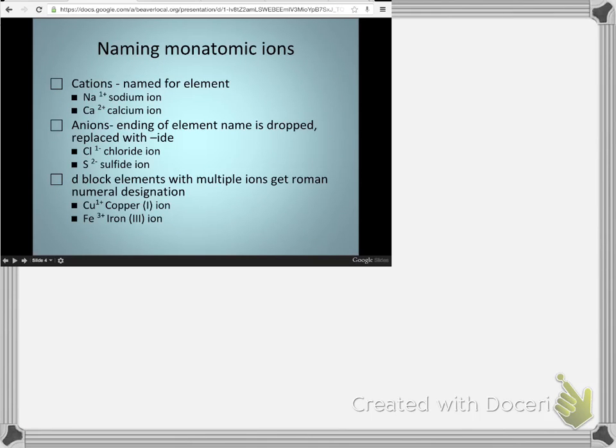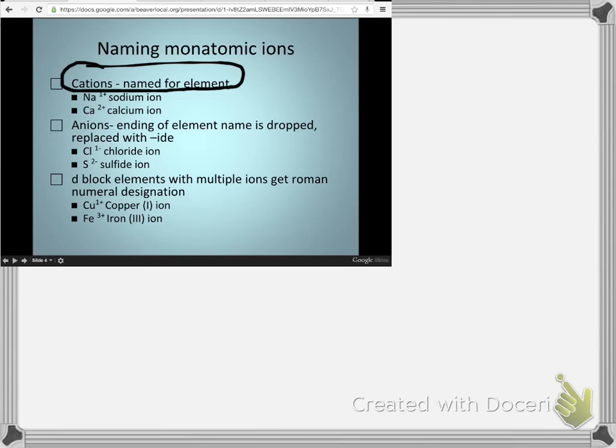Okay, so now we want to name these things, and we're going to practice some naming. Well, with cations, and cations are positive, those are just named for the element. If it forms a single cation, it's just named the whatever ion. So the two examples here, the sodium 1+, that's a sodium ion. Calcium 2+ is a calcium ion.